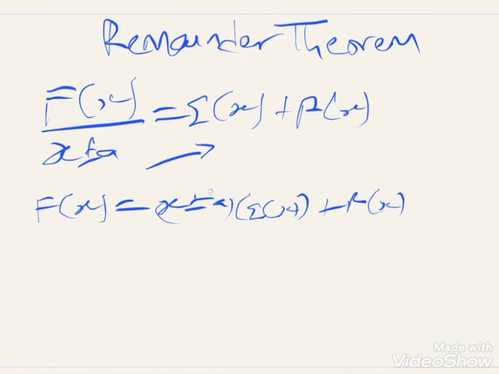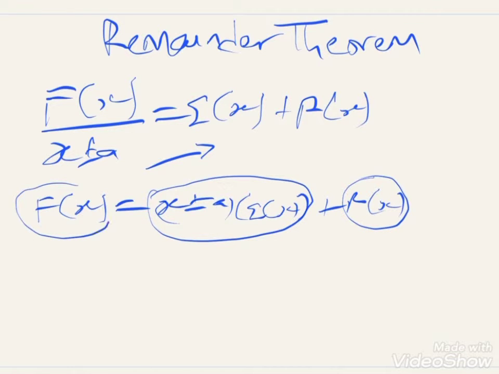So when we expand this expression and add it to the remainder, we shall have the multinomial algebraic expression. The idea of this theorem is that after the long polynomial division, we shall have a remainder and a quotient, which is another polynomial of a lesser degree.